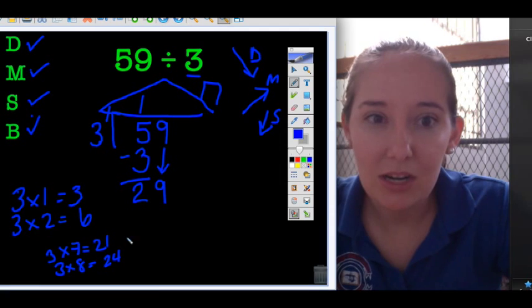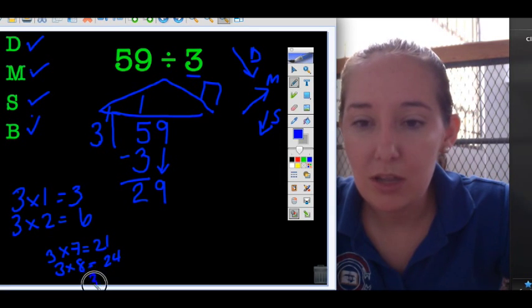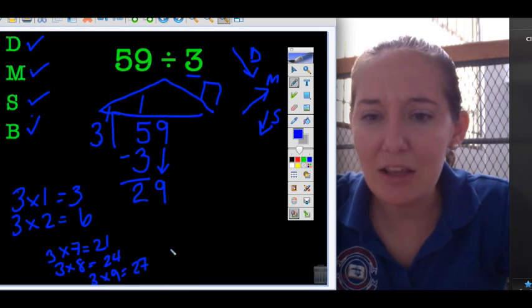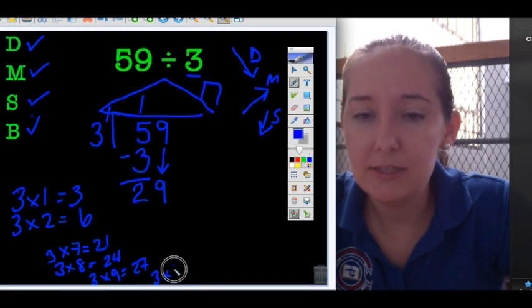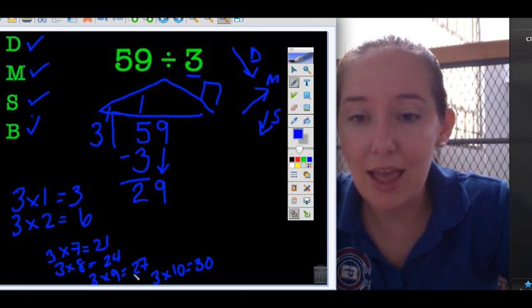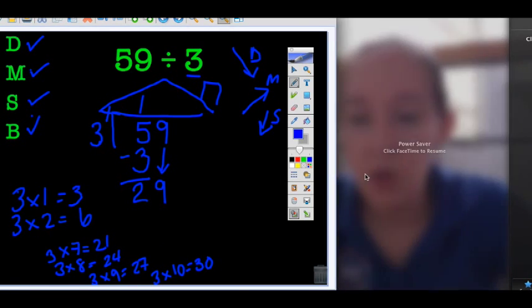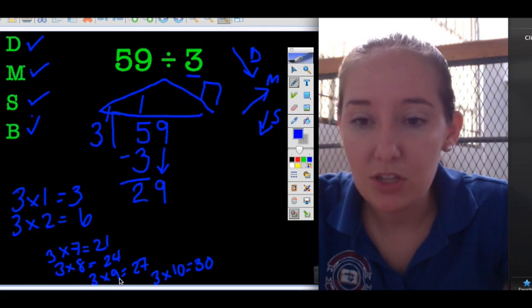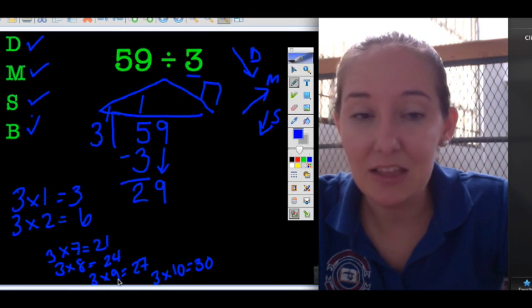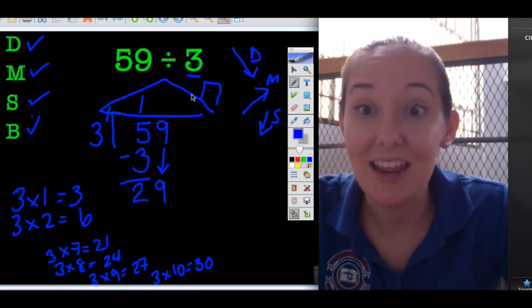Still not quite at 29. Let's keep going. 3 times 9 equals 27. Closer. Let's see if we can get any closer. Well, 3 times 10 equals 30. Too much. All right, we went too far there. So we're going to have to go with 3 times 9 equals 27. All right, so the closest we can get is 3 can go into 29 9 times.